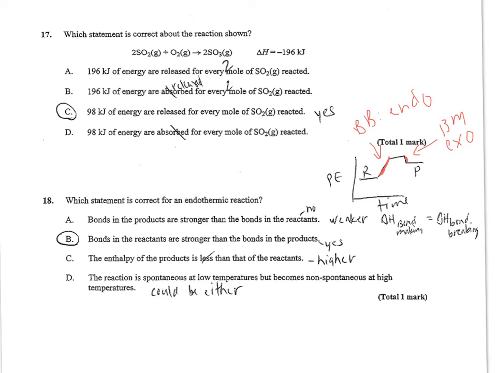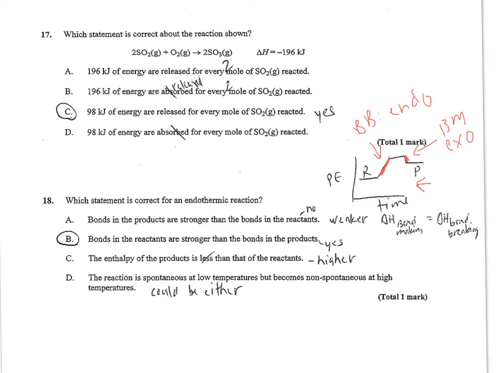The reactants take a lot more energy for the bond breaking, whereas if I reverse this reaction and ran it this way, and now I was breaking the bonds in the products, they take far less energy to break. So it's kind of a counterintuitive thing there that the bonds in the products are not stronger even though they possess more energy, because it's going to take less energy put in to break them because there's already a lot of energy in there.